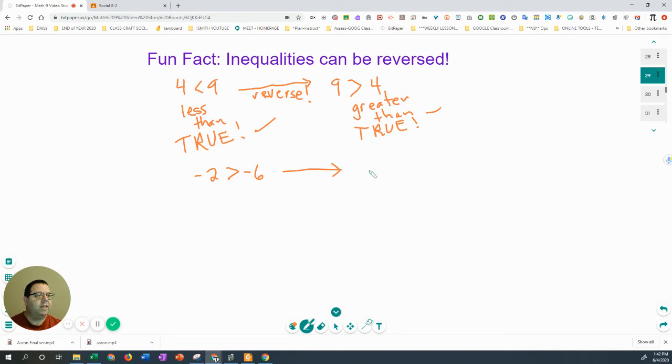You can reverse this and say at the same time the reverse is true. In other words, -6 is less than -2. So you swap the positions, this one went here, this one went there, and then you flip the sign. So you flipped it.